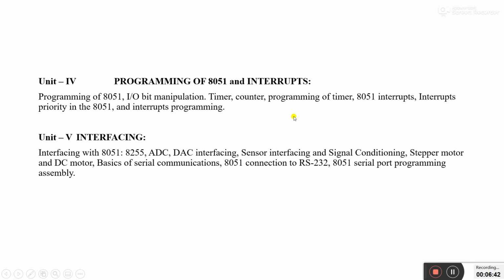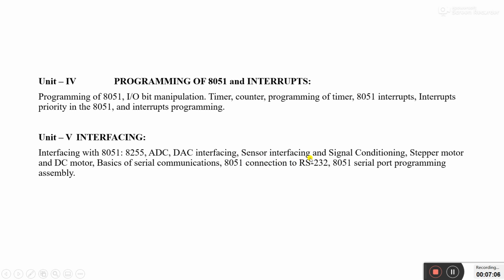Unit 4 deals with the programming of the 8051 and interrupts also. Here we will learn about timers and counters, programming of the timers, and programming of interrupts. Next, in the last unit, we will learn how to interface the 8051 microcontroller with the 8255, ADCs and DACs.